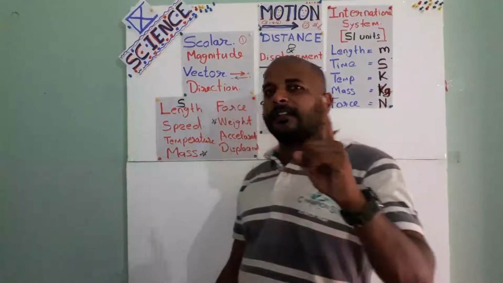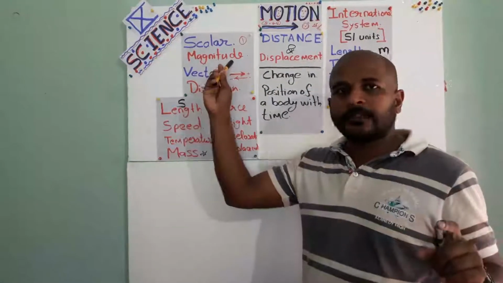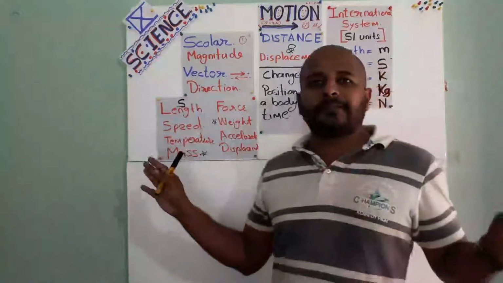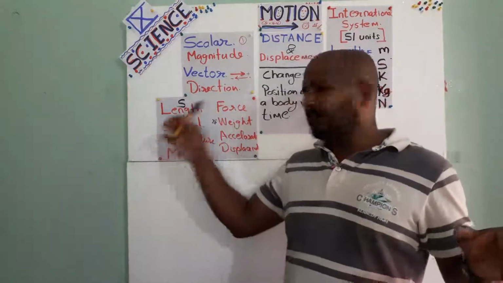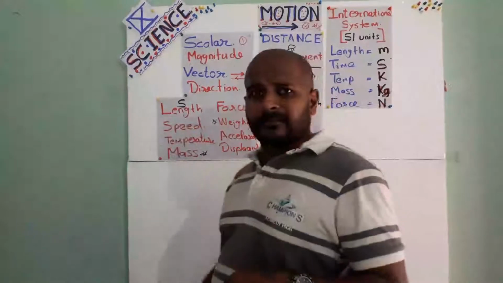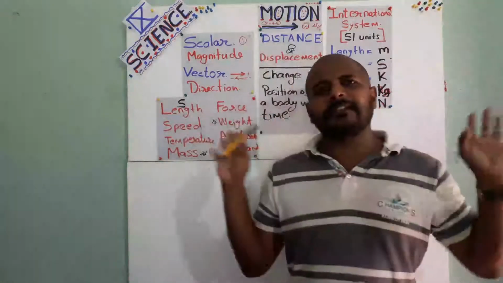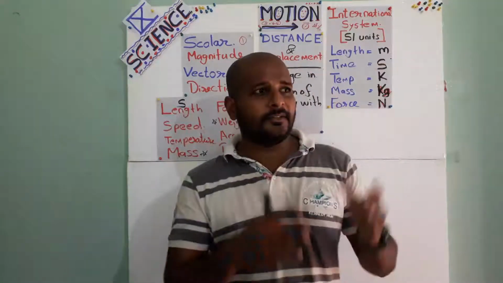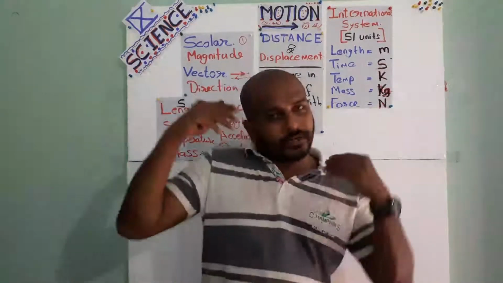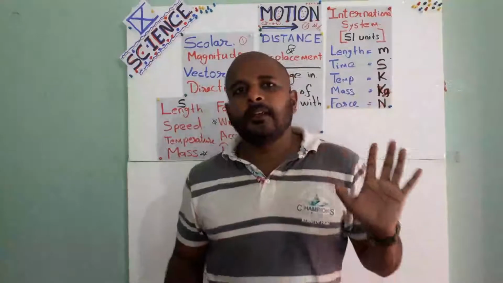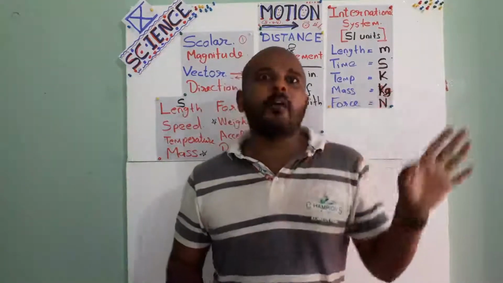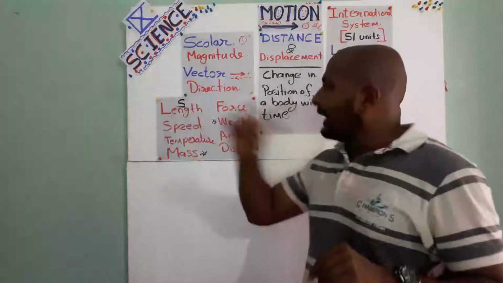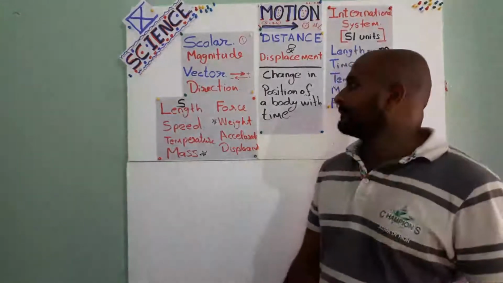Understand? Only one thing is there, magnitude. Direction is not needed for a scalar. For example, the length of a bus is 20 meters. In whatever direction it is going, it will be 20 meters, isn't it? So, length is a scalar quantity.